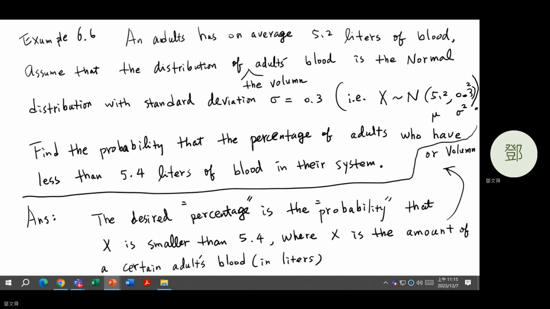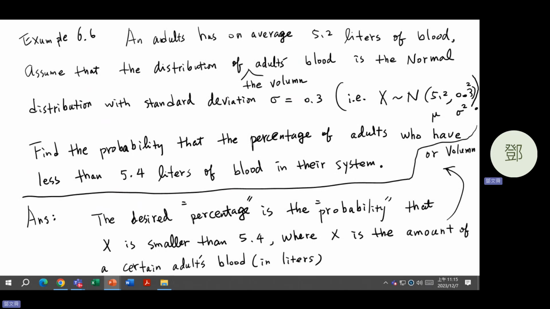So 5.2 is the value of mu here, and it says with a standard deviation sigma equals 0.3. So it is 0.3 squared. Okay. Find the probability that the percentage of the adults who have less than 5.4 liters of blood in their body.